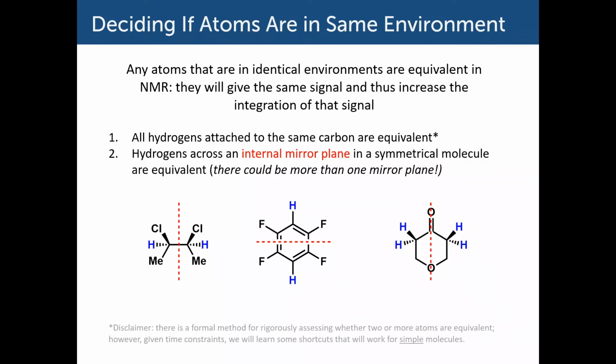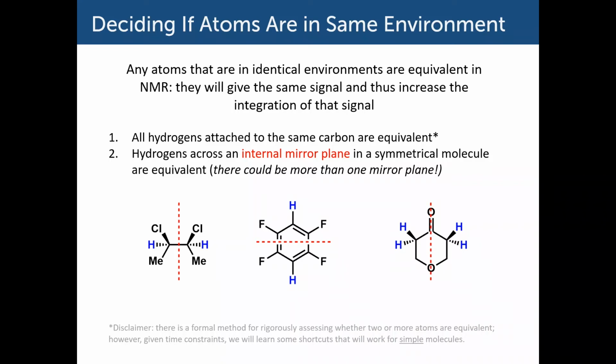And then finally, we could look at the molecule on the right, which hopefully looks a little bit familiar. It was on the previous slide. I've just drawn in some more hydrogens. Not only are the two hydrogens on the very far right equivalent to each other because they're on the same carbon, but because this compound has an internal mirror plane, the two hydrogens to the left of that mirror plane are also equivalent.